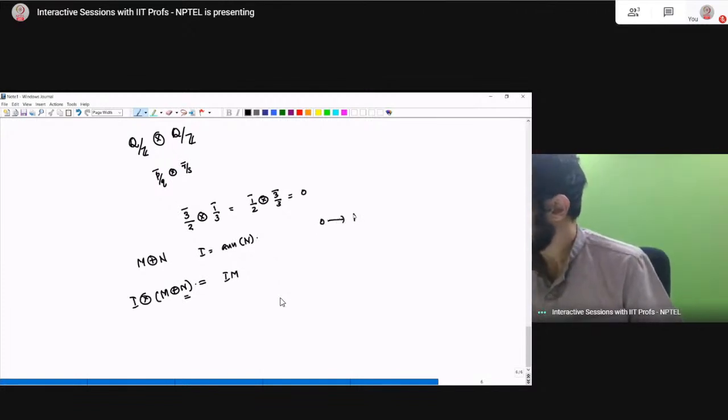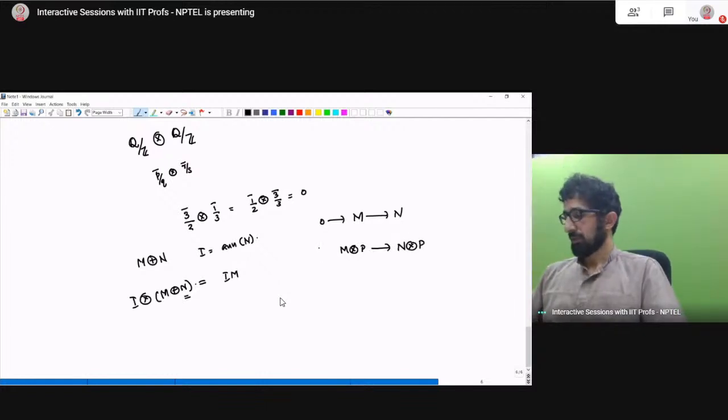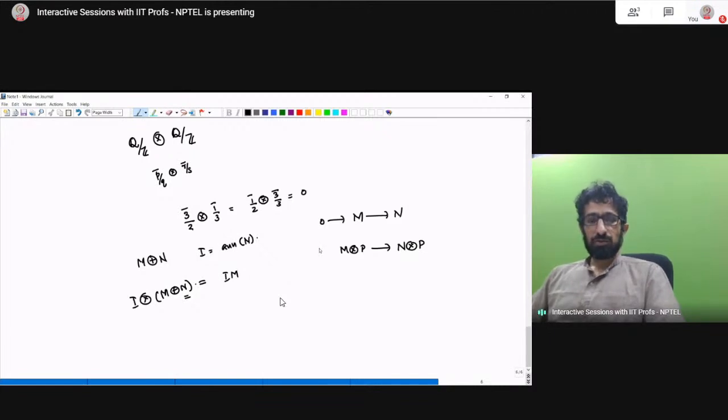You can have this exact, but M tensor P to N tensor P need not necessarily be injective. When some module P satisfies the property that this is injective, then P is called a faithful module.